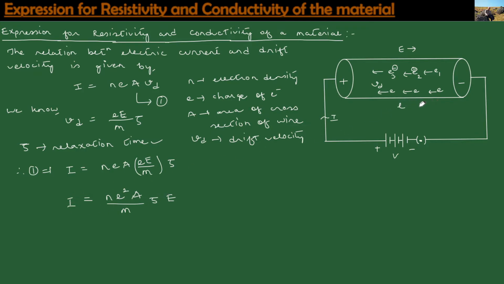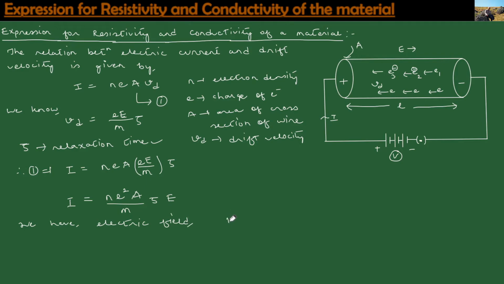If L is the length of the wire, A is the area of cross section and V is the potential from the battery, then the expression for the electric field can be written in terms of the electric potential.